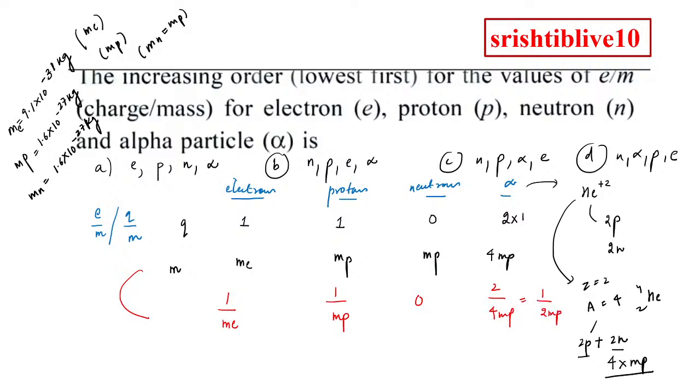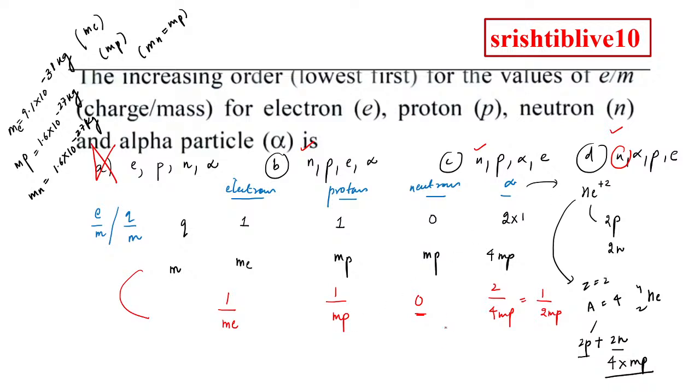Now, 0 will definitely come first, because all these other values will have some decimal value. So definitely we have neutrons first, and I can cancel out option A.